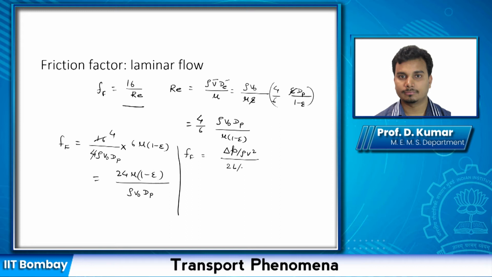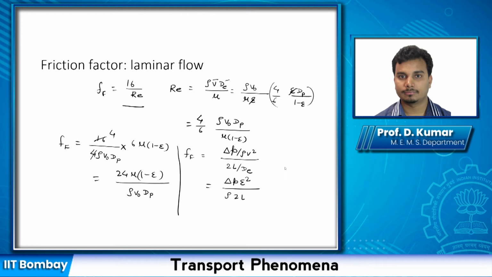But V we can further replace. V square will be V naught by epsilon, and d_e again you have, so we'll have to replace that as well. So delta P, rho is there, then you have 2L by d_e, so d_e goes up.